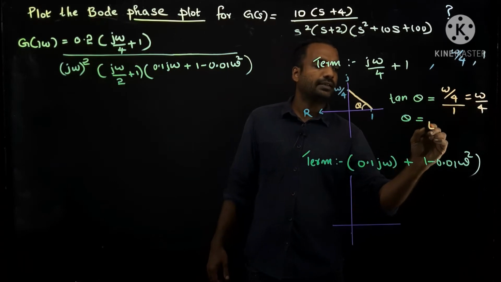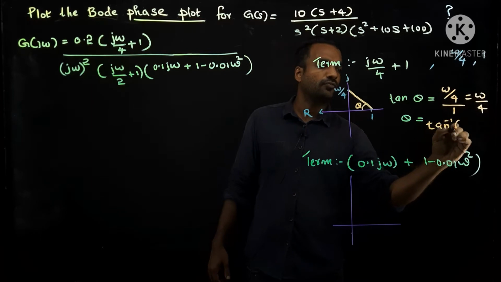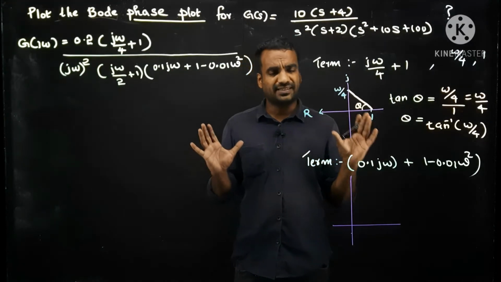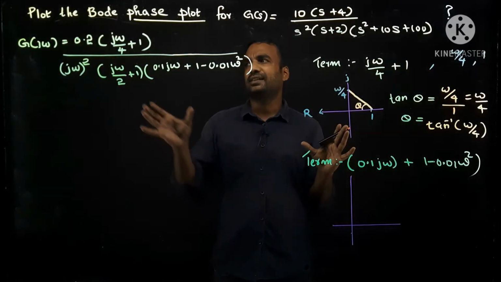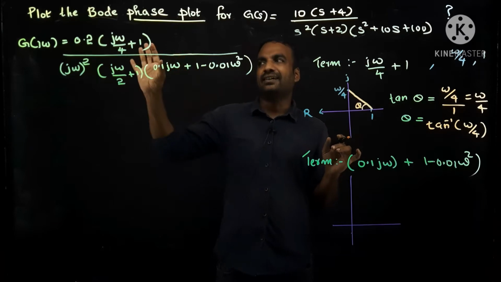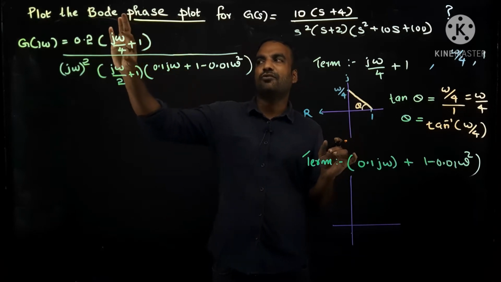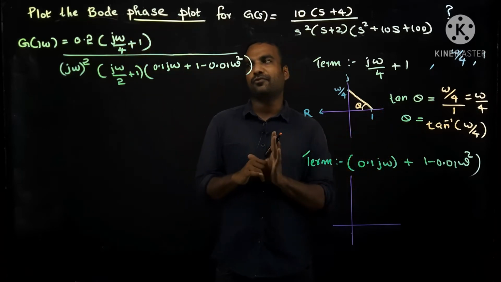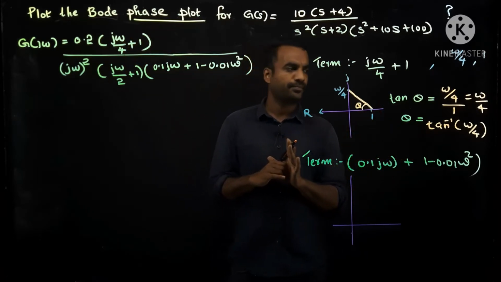So theta is equal to tan inverse of omega by 4. What you have to understand is, in such a standard form, what is theta? Theta is just tan inverse of the magnitude of the imaginary term or j term, tan inverse omega by 4. Nothing to worry about.